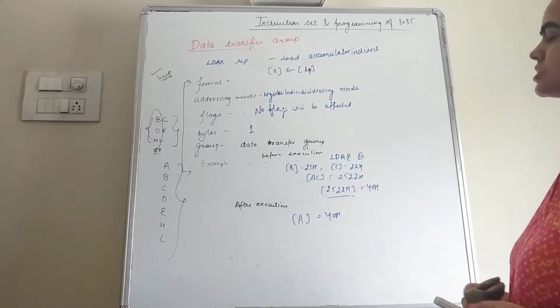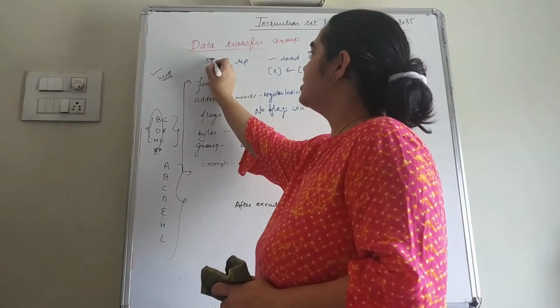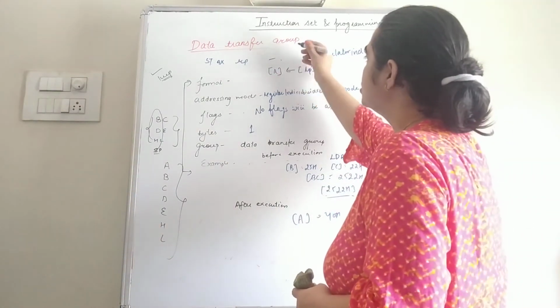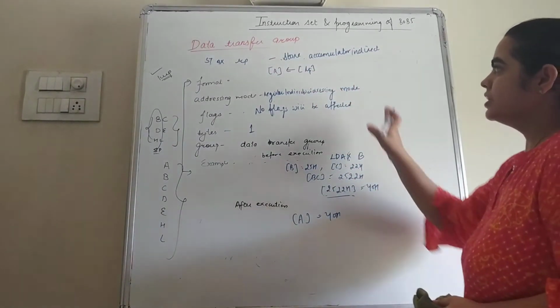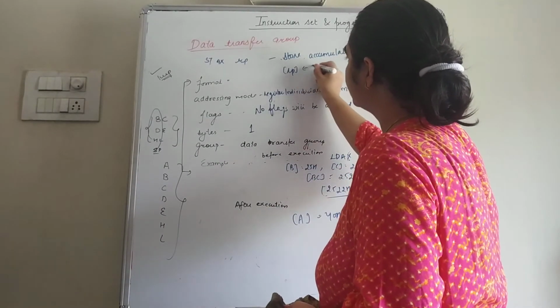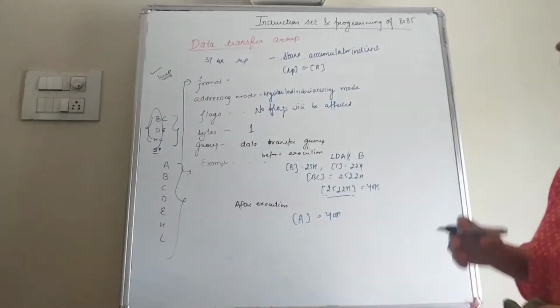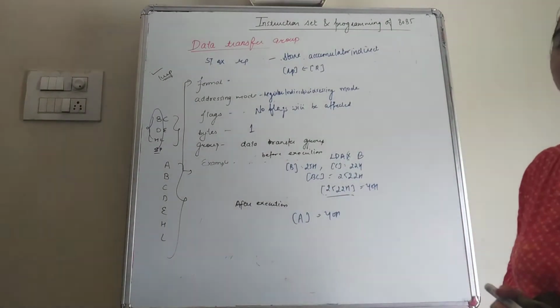After this instruction, the next instruction we have is STAX RP. STAX RP means store the accumulator indirect. That means we can store the contents of the accumulator into the memory location that is pointed to by any register pair, whether it is BC, DE or HL.